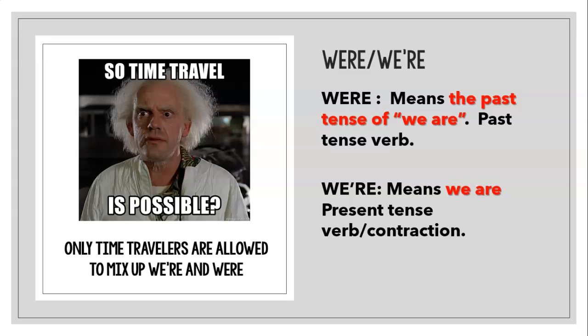We're, W-E-apostrophe-R-E, means we are. It's a present tense verb. It's something that's happening right now. We're going to bake a chocolate cake tomorrow instead. We are going to bake a chocolate cake tomorrow instead. Again, pause the video if you need more time.